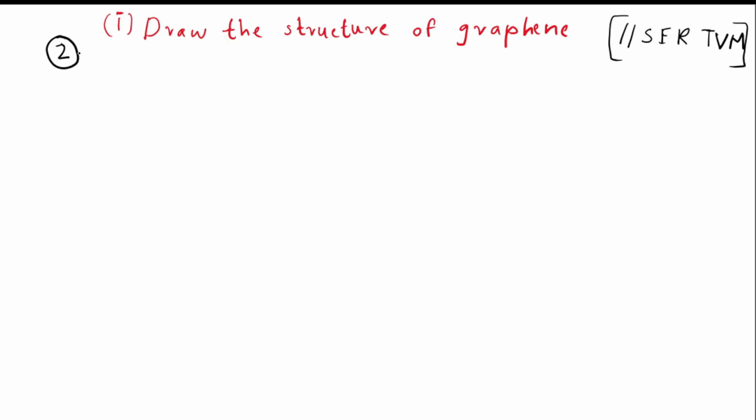Now let us move on to the second question. This was the question that was asked to me in IISER Trivandrum. The first question they asked is to draw the structure of graphene. So the structure of graphene is something like this. It looks like a hexagonal structure.